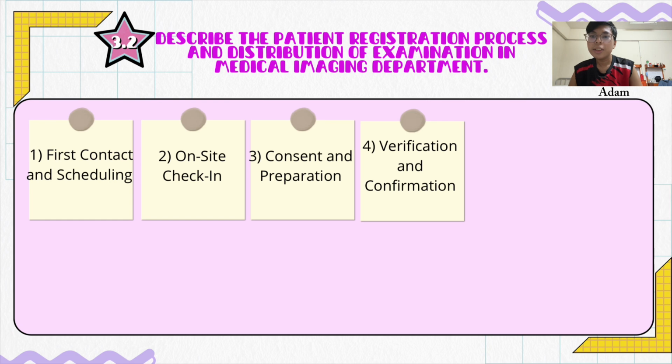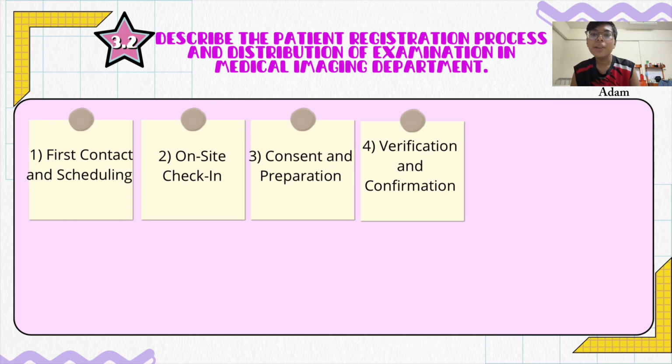The patient registration process and distribution of examination in the medical imaging department. The first one is the registration process. First, contact and scheduling. Second, on-site checking. Third, consent and preparation. And the fourth, verification and confirmation. Distribution of the examination.